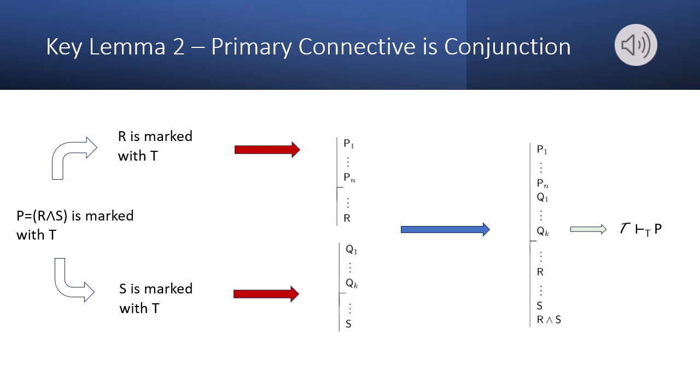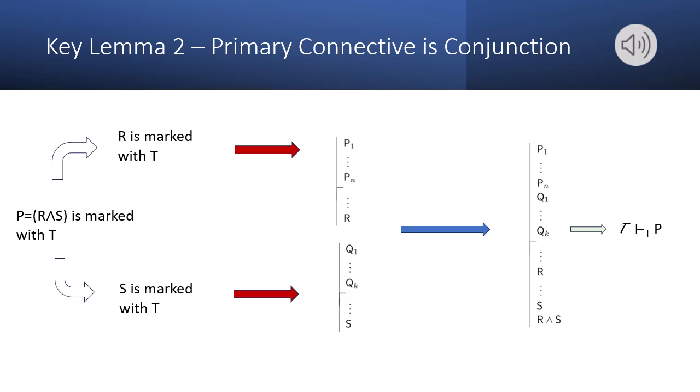And that again is the red arrow here. So that first white arrow was just from the truth functional definition of conjunction, and the red arrow is following from the inductive hypothesis. And what we get out of the inductive hypothesis are two proofs. A proof of R from P1 through Pn, and a proof of S from Q1 through QK.